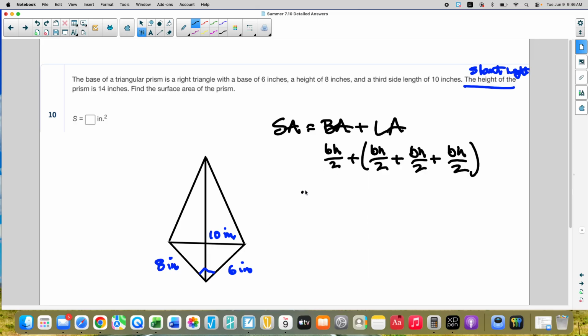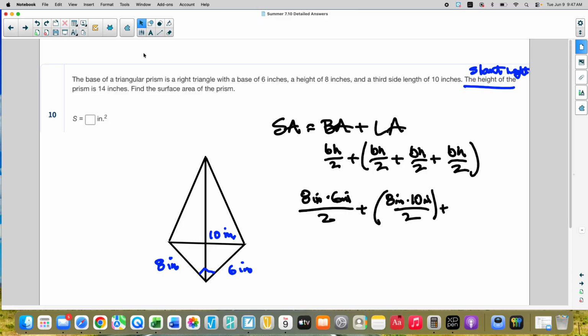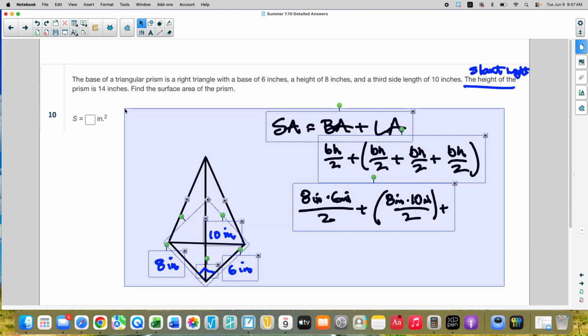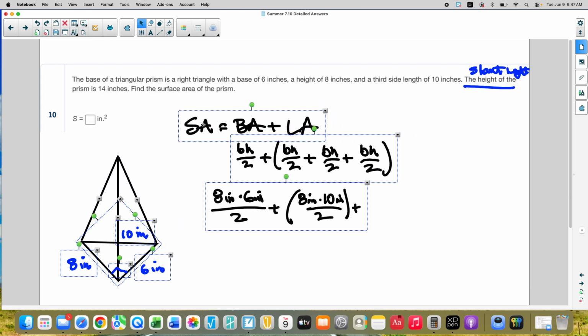Let's start with our base area. That's 8 inches times 6 inches divided by 2 plus 8 inches times 10 inches divided by 2. I'm running out of space. Let's move all of you over, please.